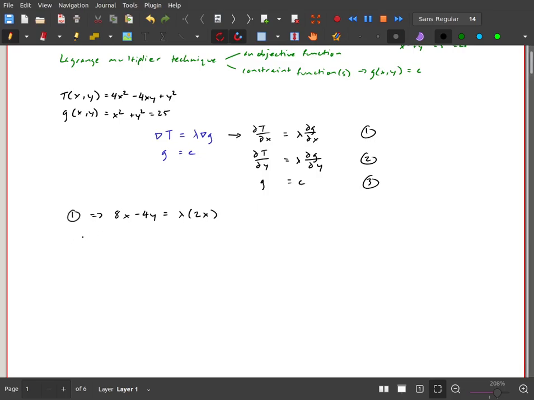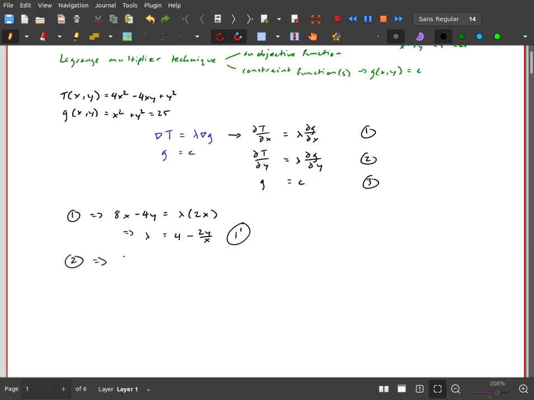So that's equation 1. I can also divide it throughout by 2 and make it in terms of lambda, so lambda equal to something. So I'm going to divide everything by 2x. That will give me 4 minus 2y over x. And I'm going to call this 1 prime.